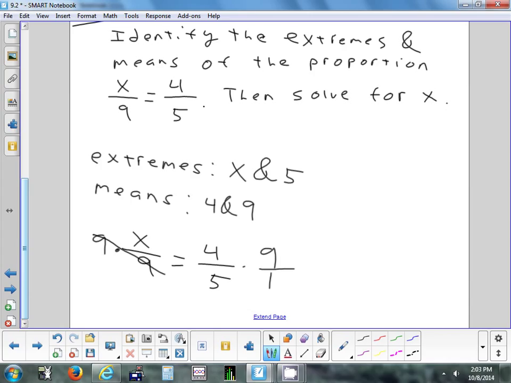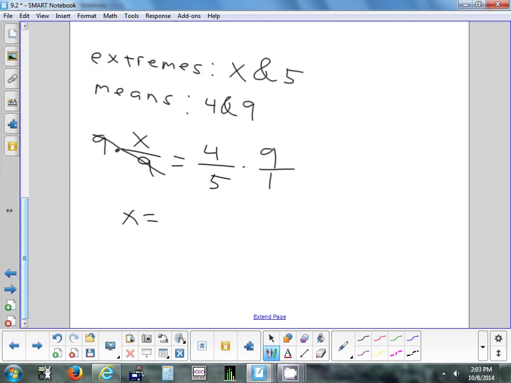That's going to cancel on the left. What do we have on the left-hand side now? Just x. How about on the right-hand side? Yep, and what does that simplify? 9 times 4 is 36. 5 times 1 is 5.